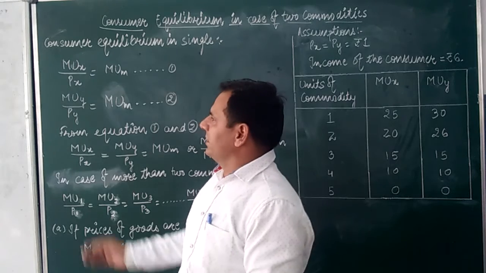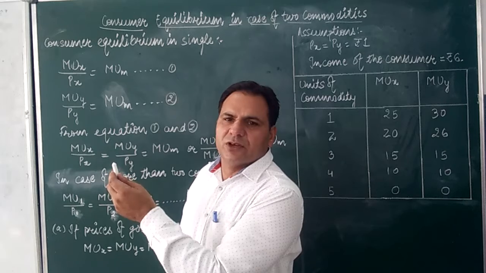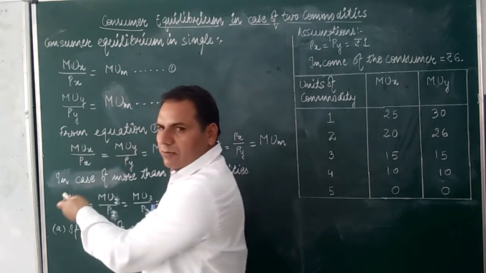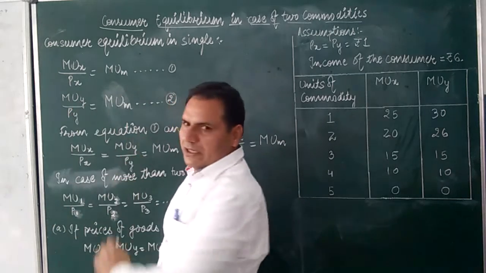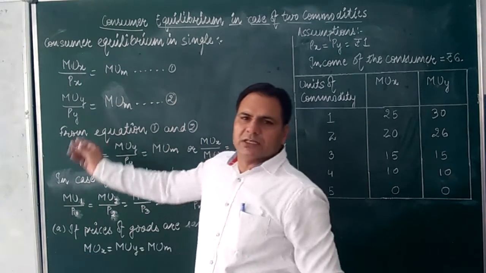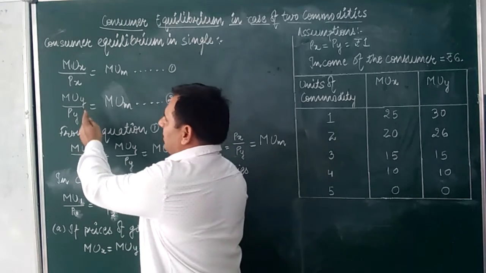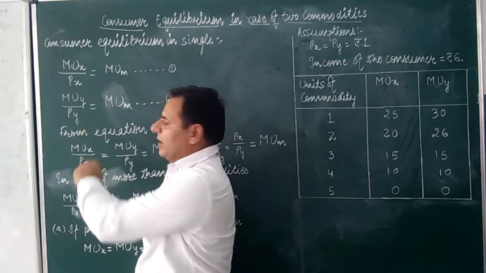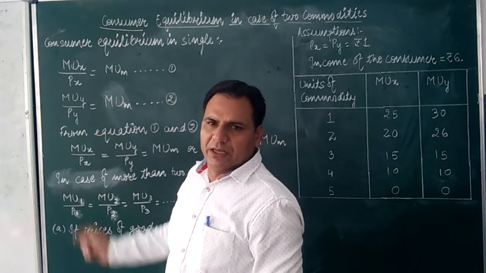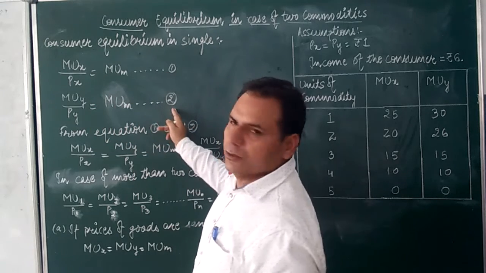We have also discussed marginal utility of money and marginal utility in my previous video, so we are not going to repeat it. And if there is another commodity y, and we ignore commodity x, the consumer will be in equilibrium when marginal utility of y upon price of y is equal to marginal utility of money. This is equation 1 and this is equation 2.